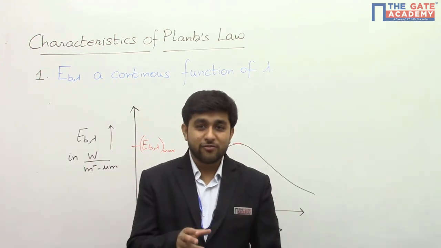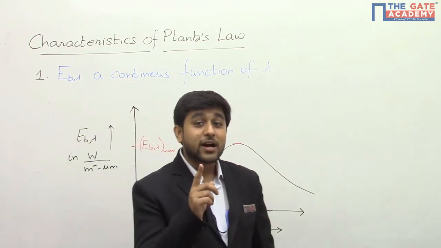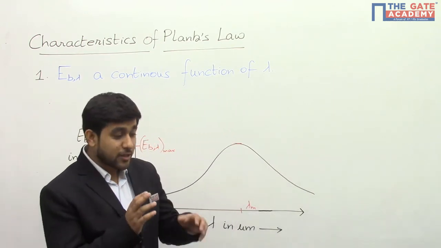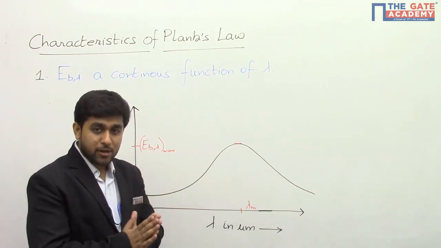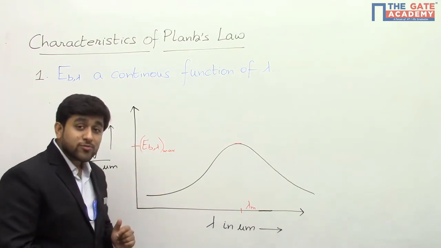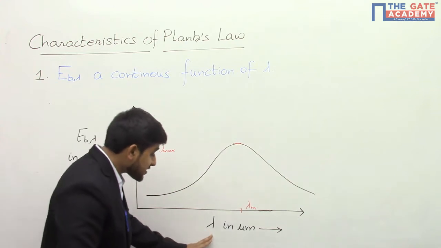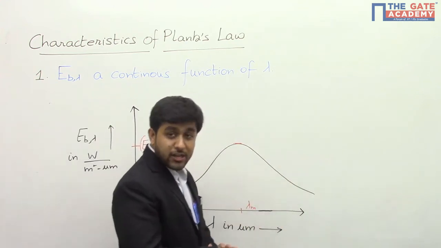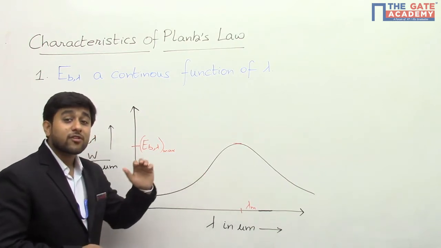The first feature of Planck's law is that monochromatic emissive power is a continuous function of lambda. What I mean is that if we take Eb comma lambda for a particular temperature but at different values of lambda and then plot those values on a graph, that is we draw a graph Eb comma lambda versus lambda for a given temperature T, we will find that this graph is a continuous or differentiable curve.